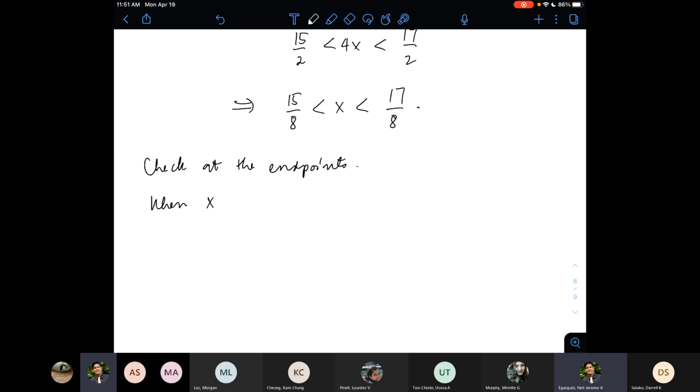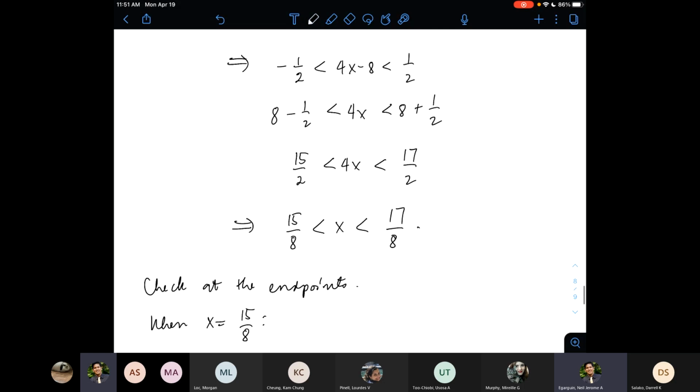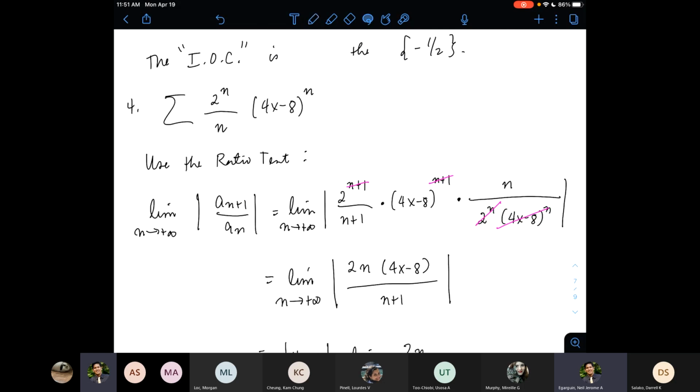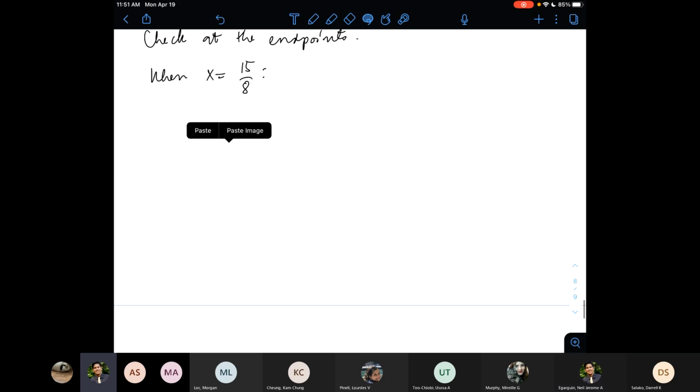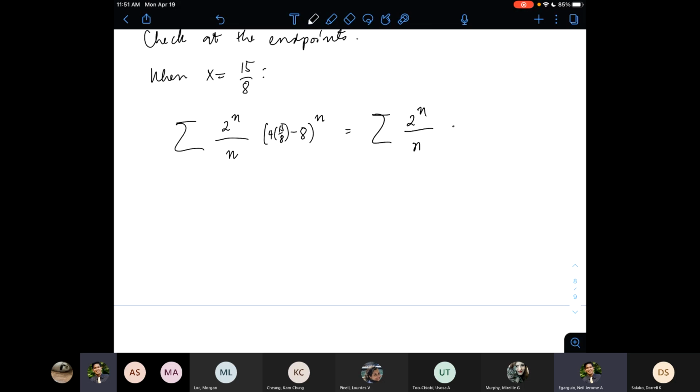So when x is equal to 15 over 8, let's see what happens. Let me copy this and replace x by 15 over 8. This would be the sum of 2 to the power n all over n times this, which would be 15 over 2 minus 8.